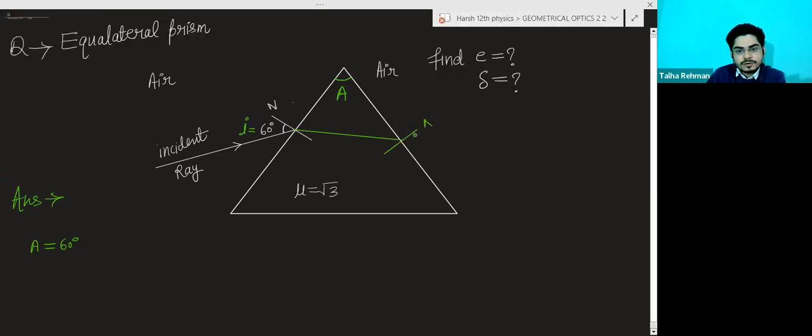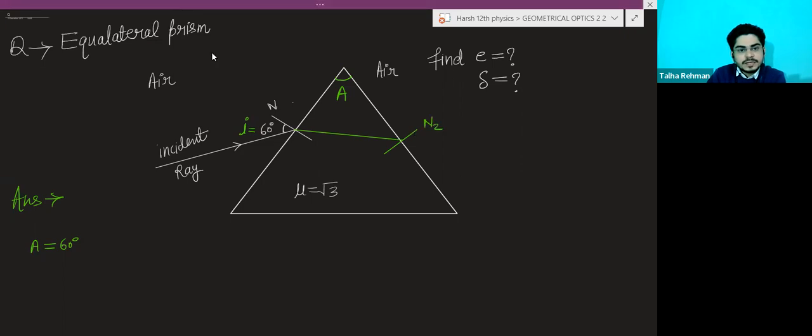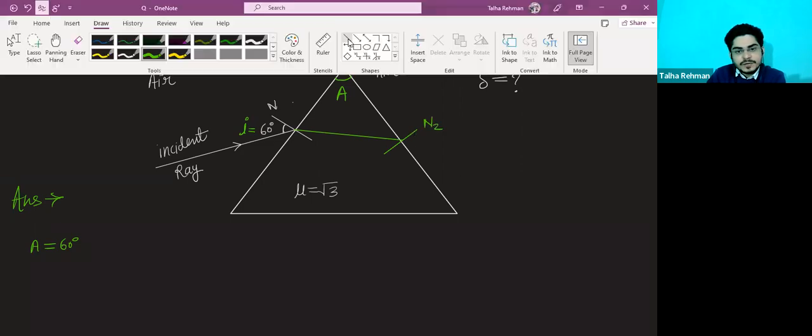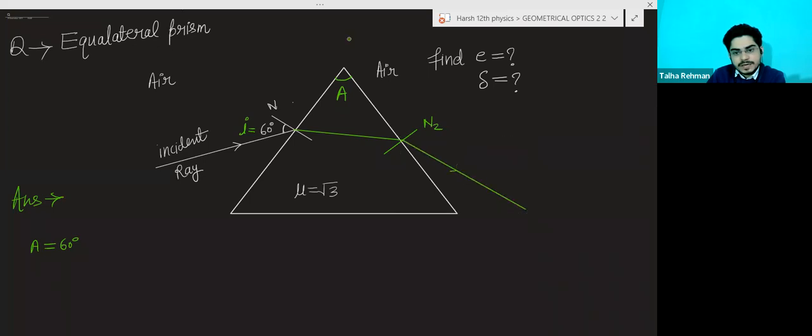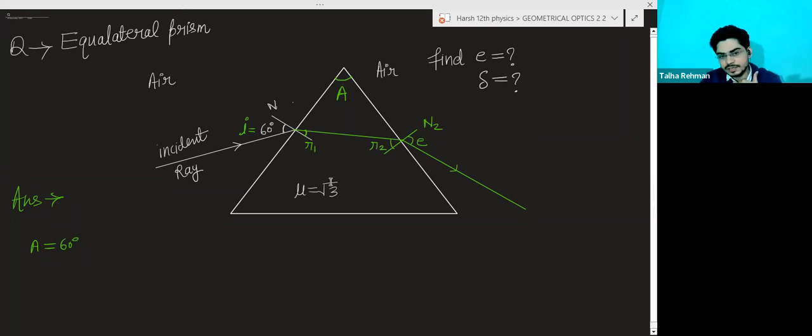This is the other normal N2, and in this case the light ray will bend away from the normal like this. This angle will be the angle of emergence E. And this angle was R1 and this angle was R2 earlier. We know there is a relation, that I told you later.